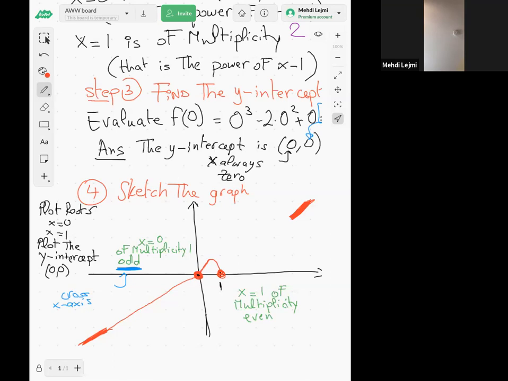But what happens at x equal to 1? The multiplicity is even, so you're going to touch the x-axis and then turn around. All right, so that will be the graph of f of x.